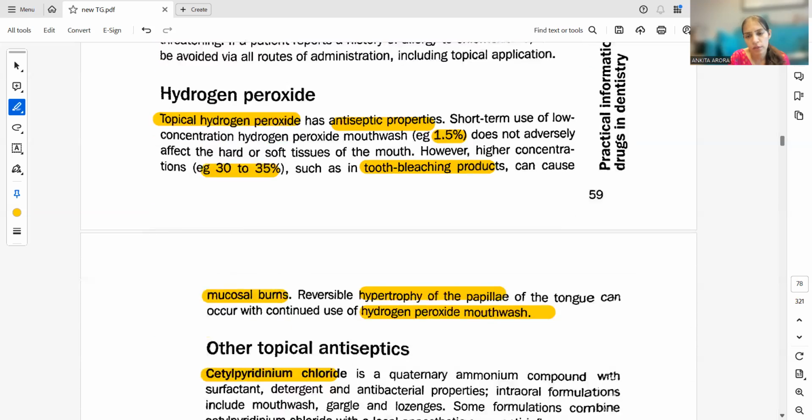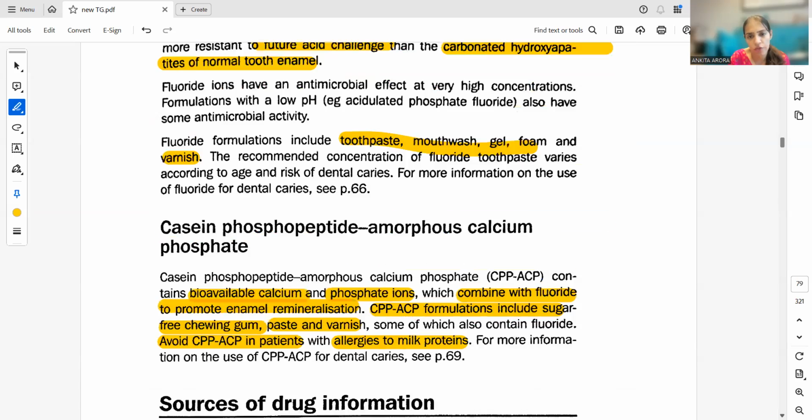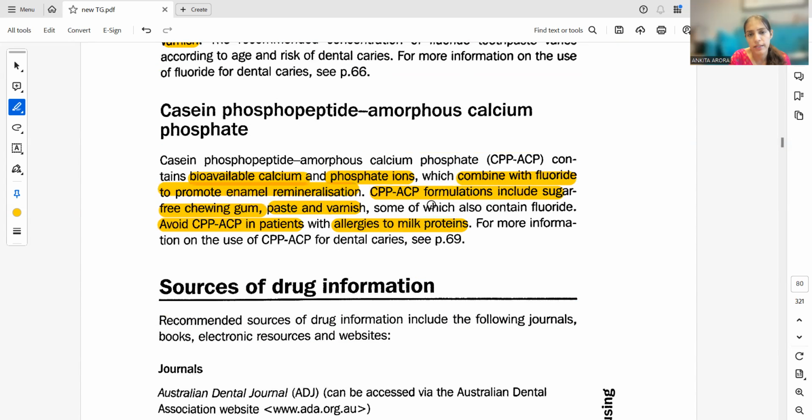Another important reiteration of a concept here: CPP-ACP formulation is avoided in patients with allergies to milk protein. So if a child is at high caries risk, we have to ask in the history whether the child is allergic to milk and milk products. If yes, CPP-ACP cannot be prescribed.